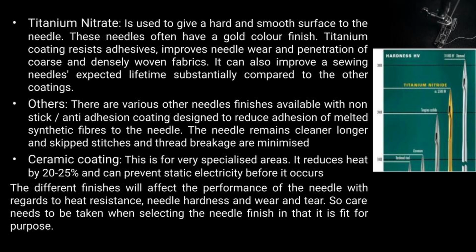These needles often have a gold color finish. Titanium coating resists adhesive, improves needle wear and the penetration of coarse and densely woven fabric. It can also improve a sewing needle's expected lifetime substantially compared to the other coatings.